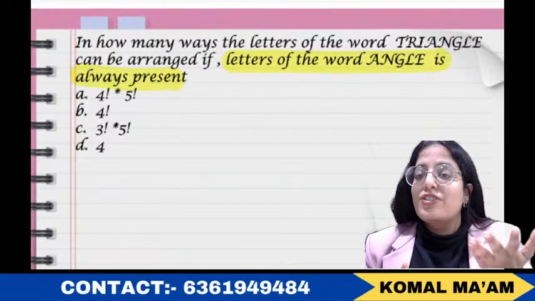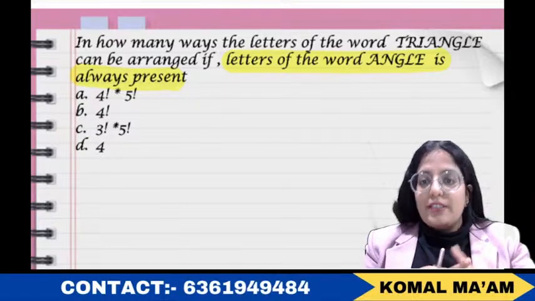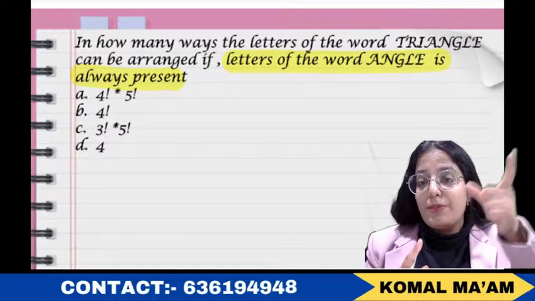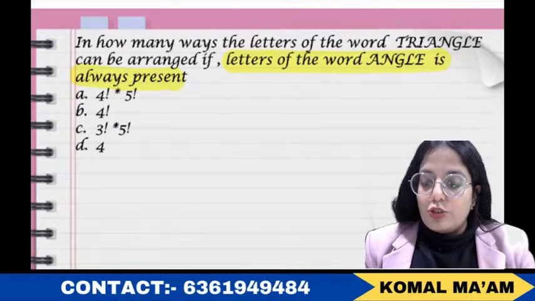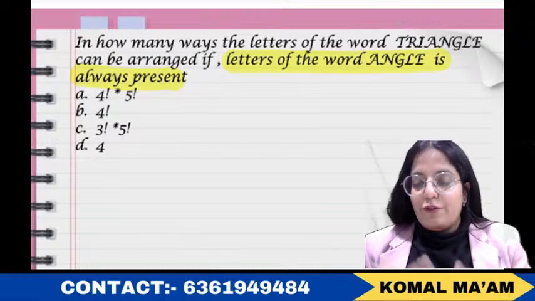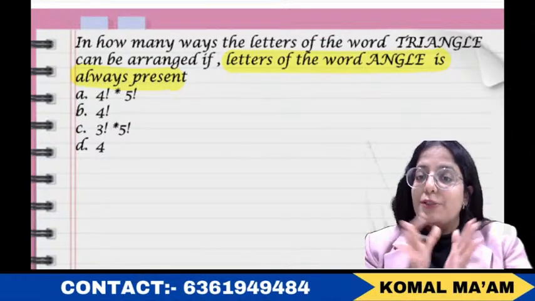In the previous question, we had a choice to arrange internally also the letters of the word angle. This is the difference between the previous question and this question. So first of all, it is implied that if the letters of the word angle are always present, the letters should be together.